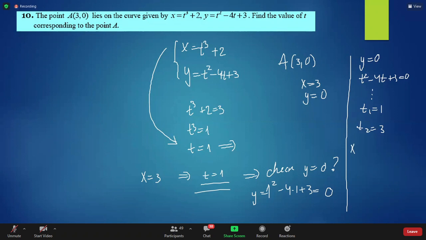And if t is 3, then we would have 3 cubed plus 2. No, that's not 3. So this does not work. We can do it this way. Just remember to check. If you find more than one t value, you have to check that it fits in both equations.